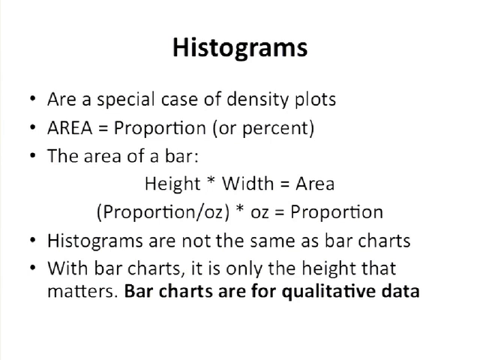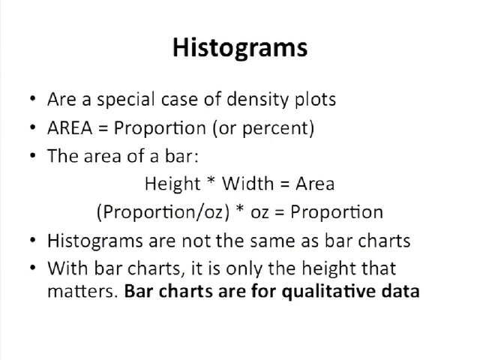So essentially, the height of the bar times the width of the bar gives us the area, which is the proportion of the observations in that bar. So it's the same thing as with a density plot.